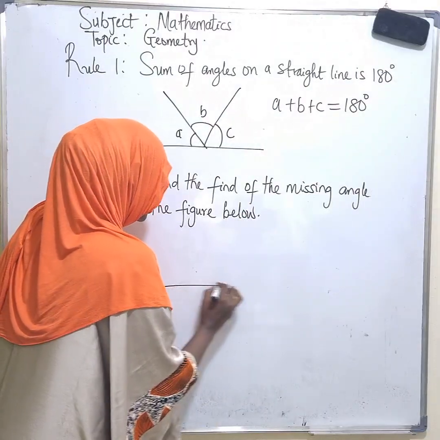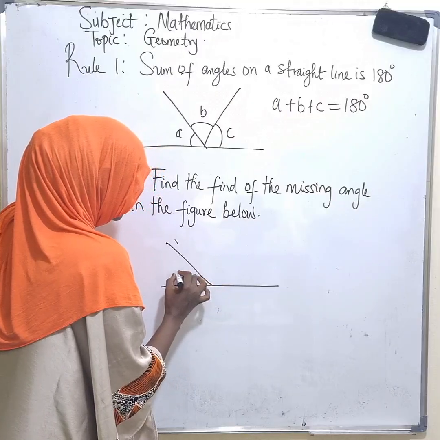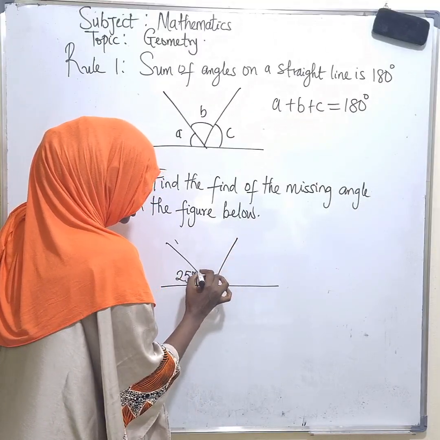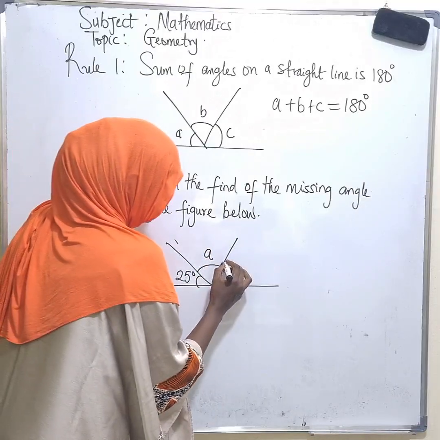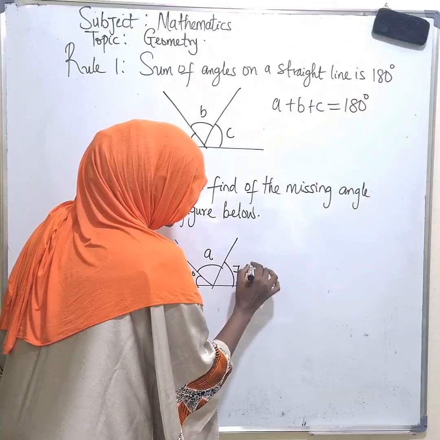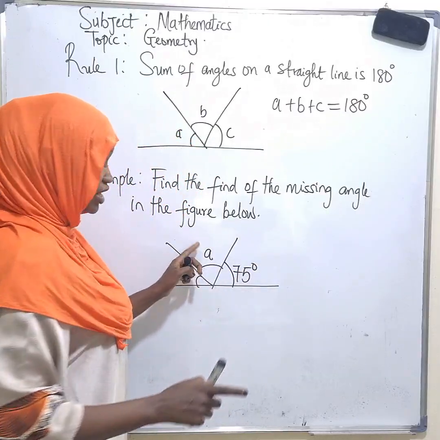So this is the diagram. We have an angle here, angle 25 degrees. We have another angle here, which let's call angle A. And then we have a third angle here, which is angle 75 degrees. So what we are required to find is this missing angle here, A.